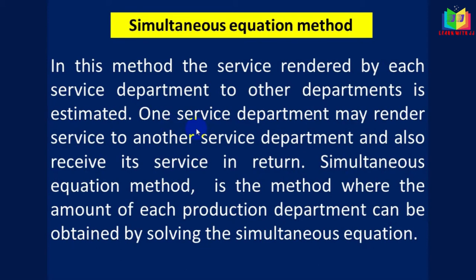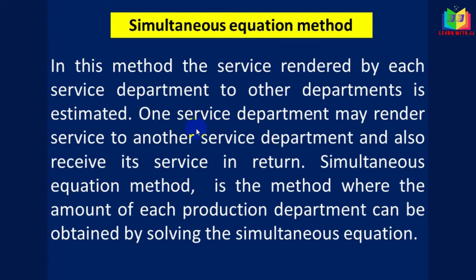In the simultaneous equation method, the amount for each production department can be obtained by solving the simultaneous equations. Based on the percentage of service estimate, simultaneous algebraic equations will be formed.